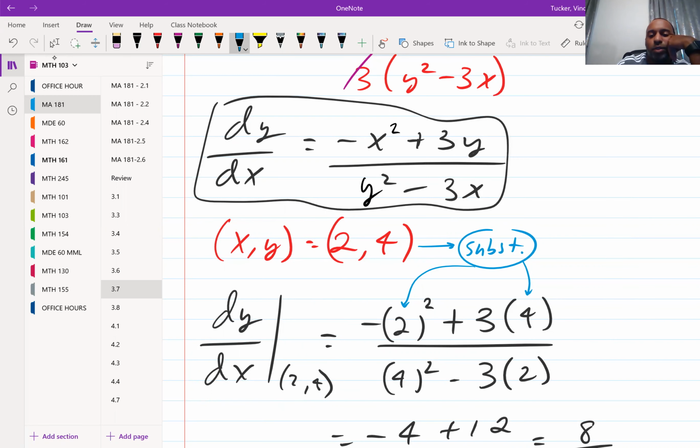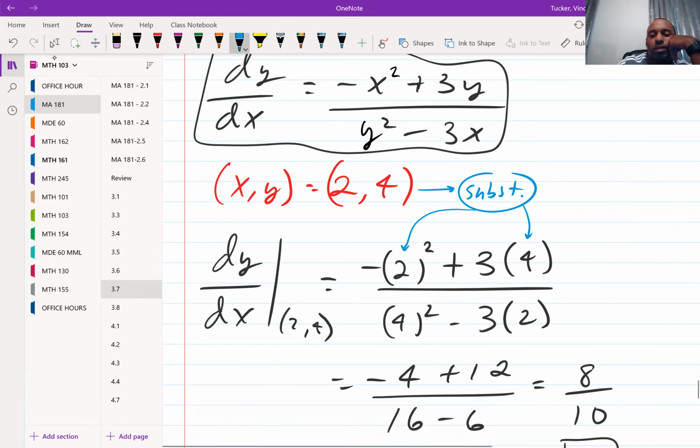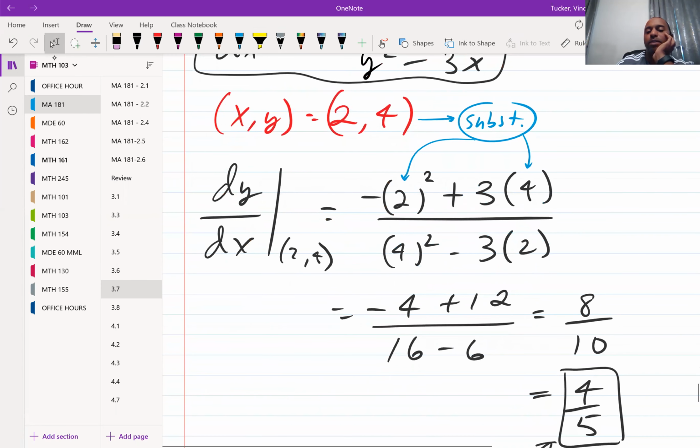So then down bottom, 4 squared minus 3 times 2. So that's negative 4 plus 12, 16 minus 6. 8 over 10 is 4/5.